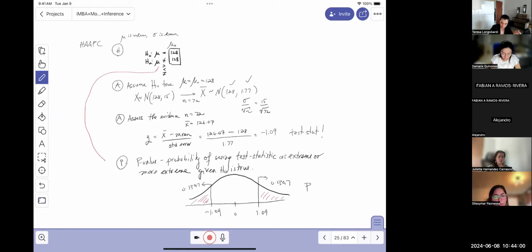So the p-value is actually equal to 2 times 0.1397, and it represents the probability of seeing 126.07 when it really should be 128. The probability is quite high. It's quite high compared to the standard 5% that we usually use. So 2 times that ends up being what?